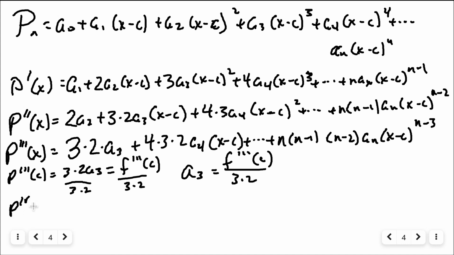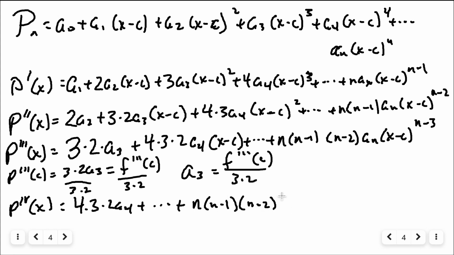If I were to find the fourth derivative evaluated at x, this term drops out. I get 4 times 3 times 2a4 plus n times n minus 1 times n minus 2 times n minus 3, a sub n, (x minus c) to the n minus 4.